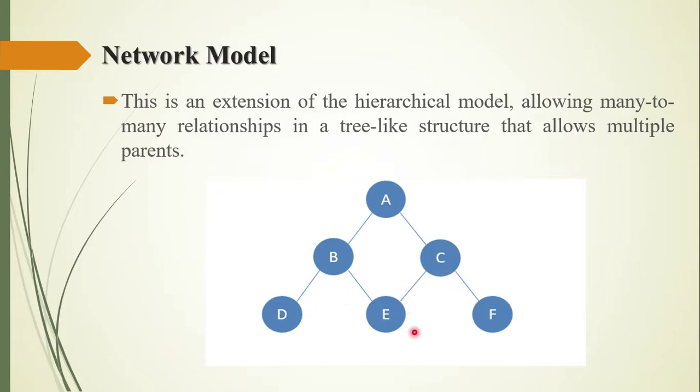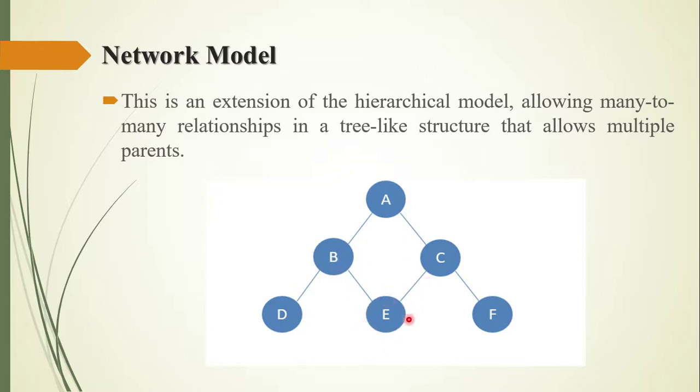Now see here, we have a node E. Node E has two parents, that is node B and node C. So this relationship is known as multiple parents or many to many. This is the network model structure in which one node has multiple parents.